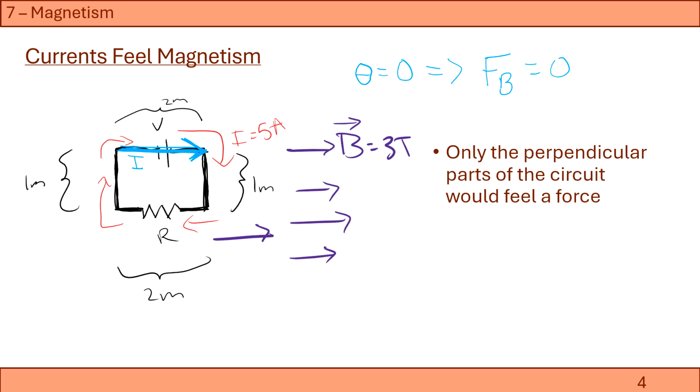And so the top part of the wire is not going to feel a magnetic force. For the same exact reason, the bottom part is also not going to feel a force. It's completely misaligned with the magnetic field. It is to the left, and the magnetic field is to the right. That means theta equals 180 degrees. Sine of 180 degrees is also 0.